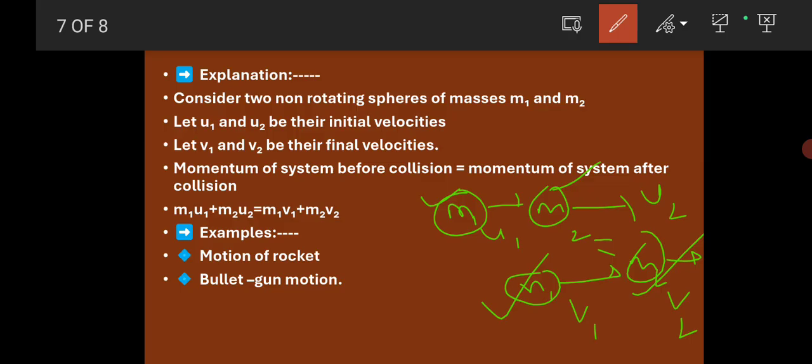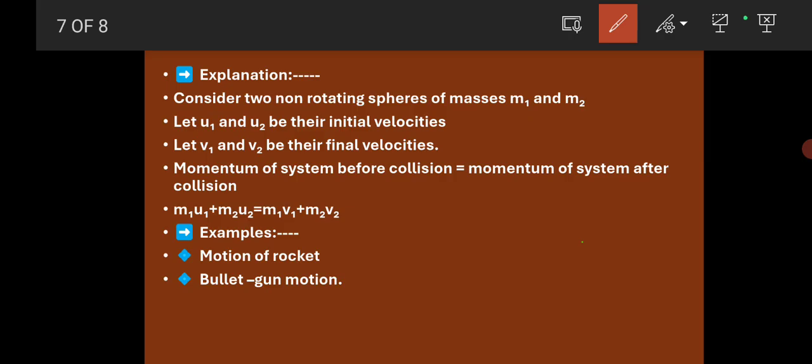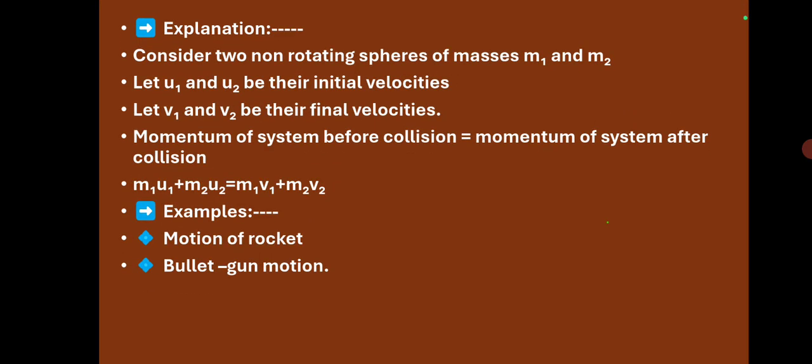So sum of the momentum m1 v1 plus m2 v2. So now momentum of system before collision will be equal to momentum of system after collision, that is m1 u1 plus m2 u2 equal to m1 v1 plus m2 v2, which shows the linear momentum remains conserved. Okay. Now next, the examples: motion of rocket, bullet gun motion.